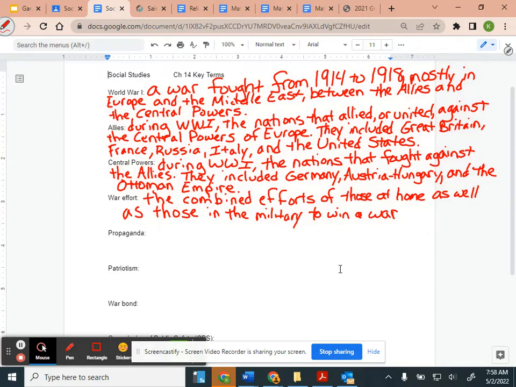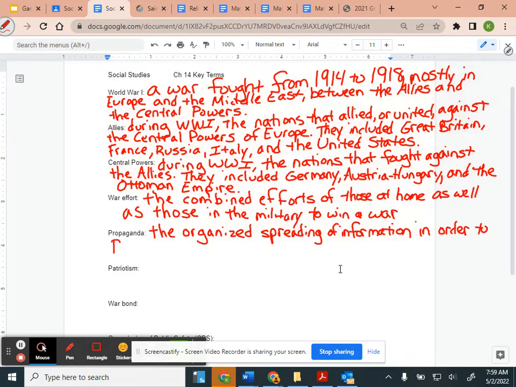Propaganda is the organized spreading of information in order to persuade people to adopt a certain position.